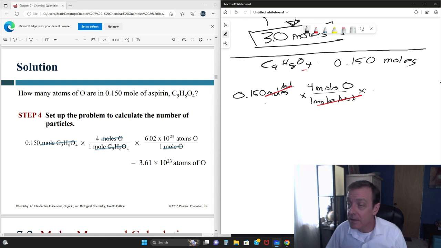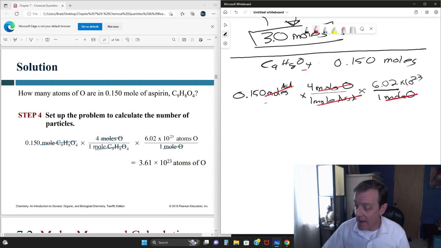For every 1 mole of oxygen, we have Avogadro's number of oxygen atoms. Now moles of oxygen cross out, and that leaves us with the number of atoms.